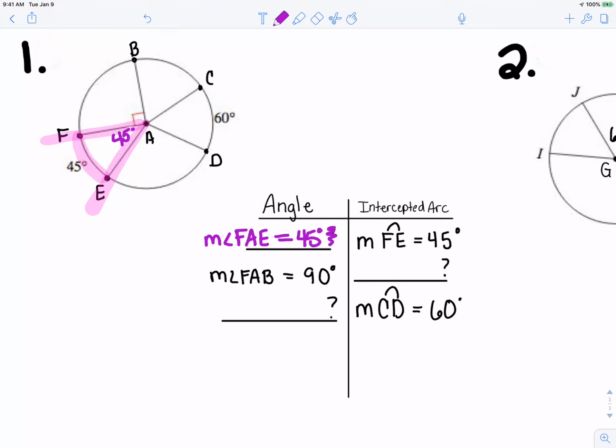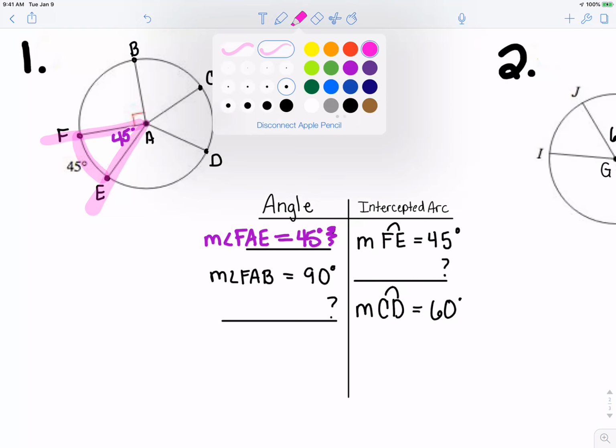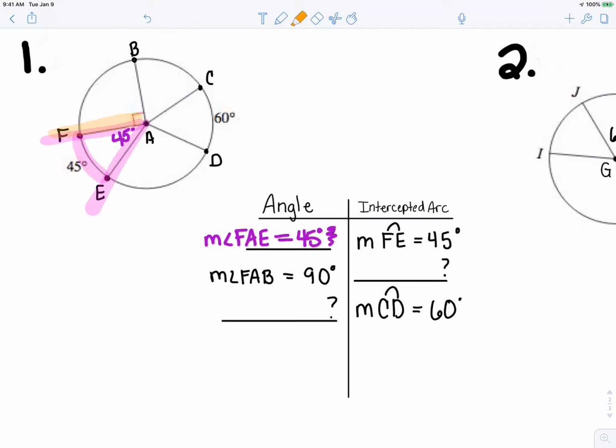All right, so if angle FAB is 90 degrees, what would be its intercepted arc's measure? Well, that would be the arc FB, and its measure would also be 90 degrees.